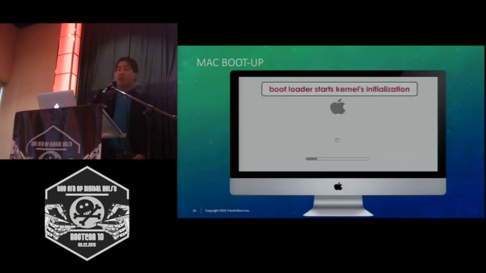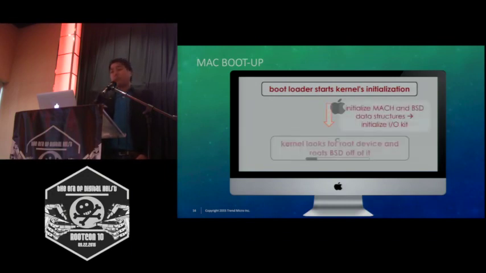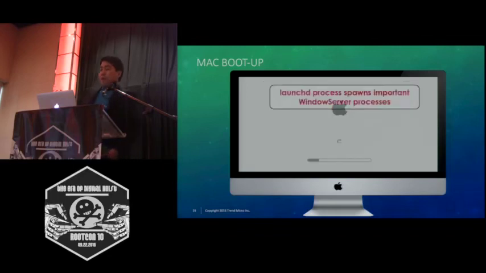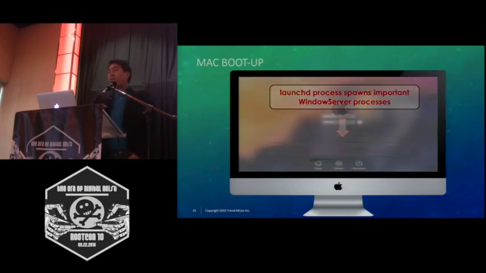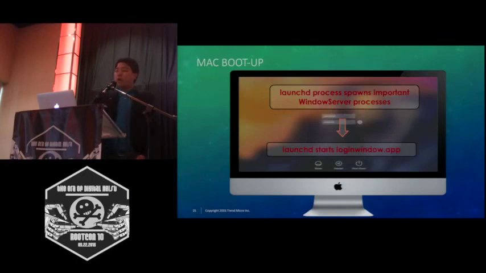The kernel will also initialize the Mach and BSD data structures, including the I/O Kit. And of course, it will launch a process called launchd. launchd enables you to spawn other important processes, which they call daemons or agents. After that, it will load the login window.